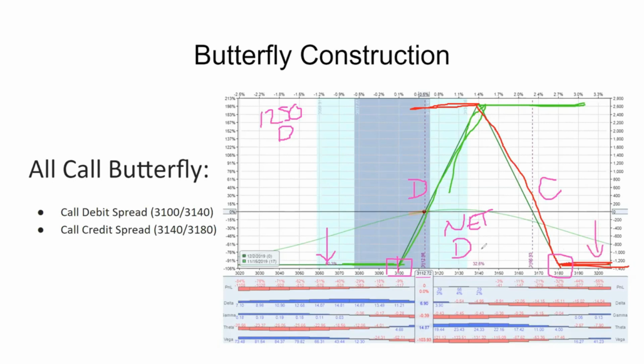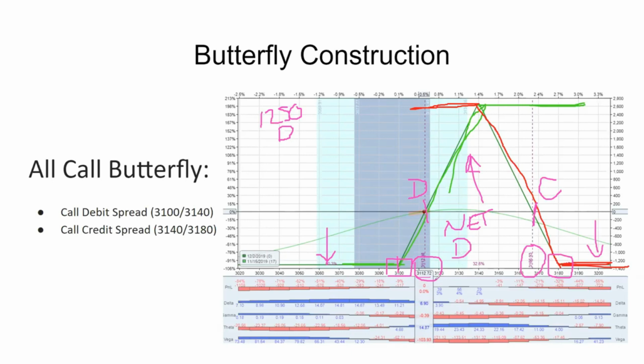And if SPX is going to be somewhere inside of the tent between 3112 and about 3166, this is where this trade is going to make a profit.